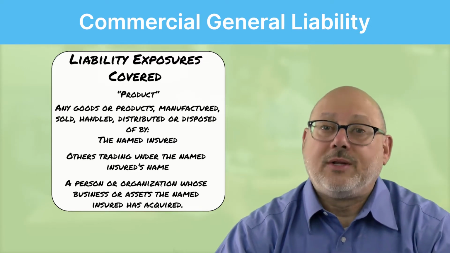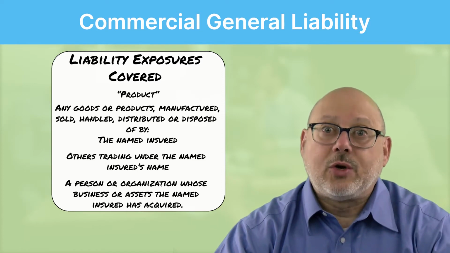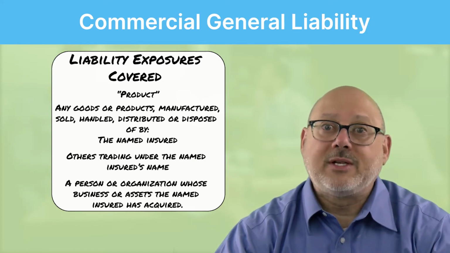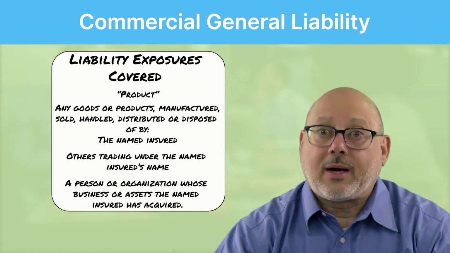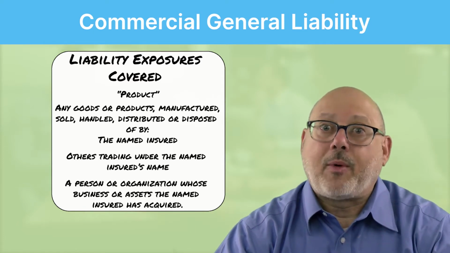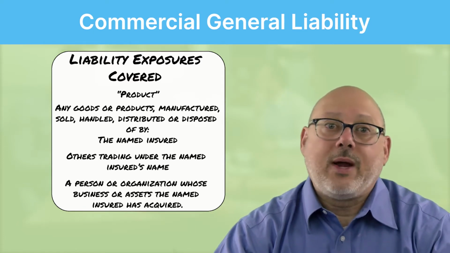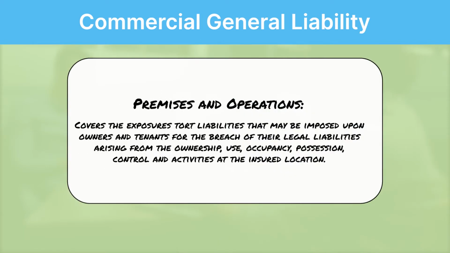In a nutshell, the CGL covers an insured's liability exposures for premises and operations, product liability, and completed operations. As a quick recap, premises and operations covers the exposures to tort liabilities that may be imposed upon owners and tenants for the breach of their legal liabilities arising from the ownership, use, occupancy, possession, control, and activities at the insured location.